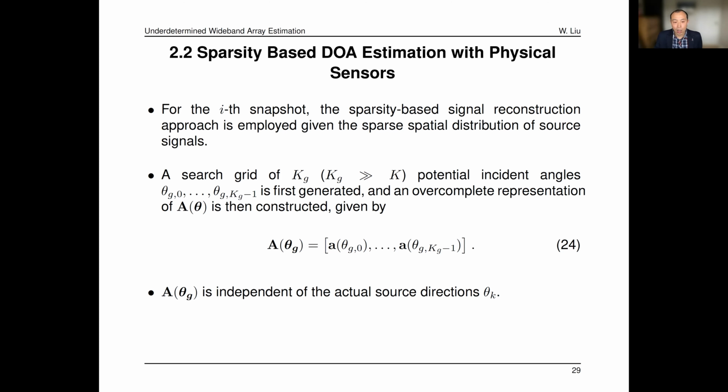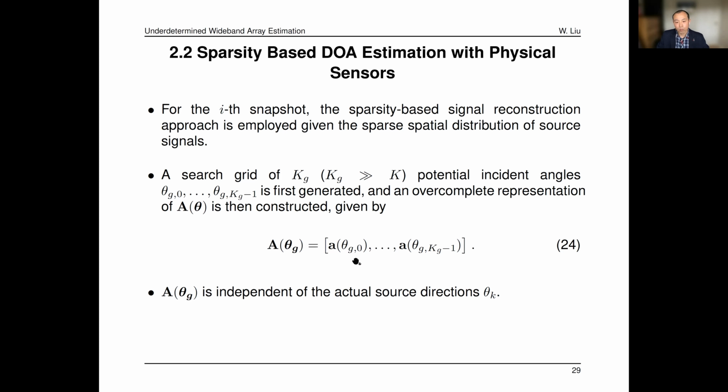Or if you already know the range of directions of the signal, like from minus 60 degrees to plus 60 degrees, then you can generate those grids within that range, not the full range from minus 90 to 90.